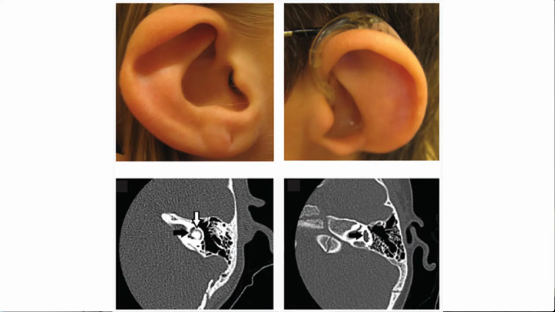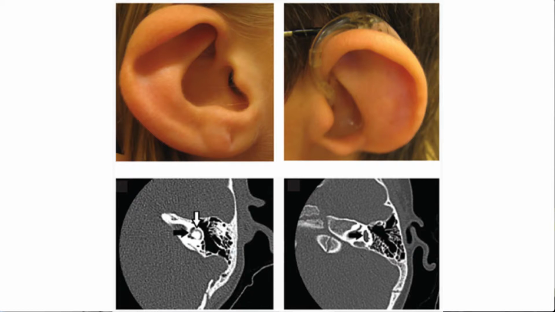Just below those two pictures of the external ear are some CT scans, and they show you some of the typical findings in a child who might have an atresia of the ear canal, or failure of the ear canal to open up. The bone appears as white on CT scans, gray as soft tissue, and air shows up as black. If you look closely at those bottom two panels, you should see an opening from the outside world as it goes into the inside of the ear.